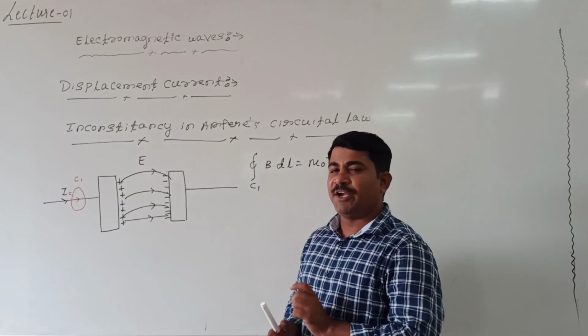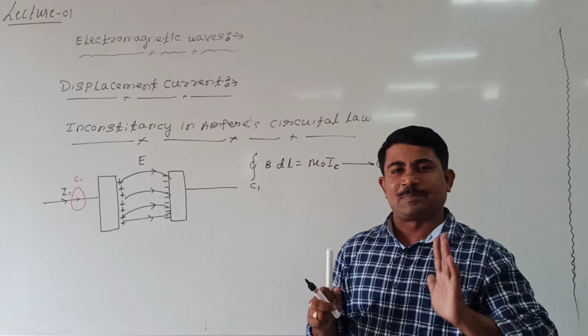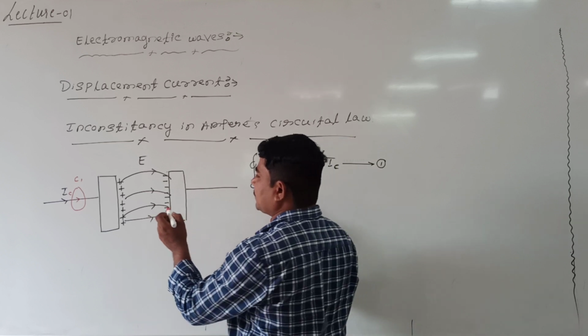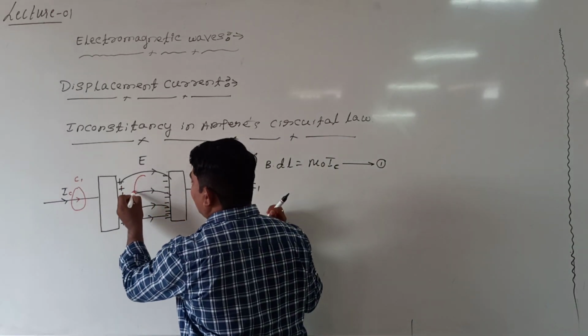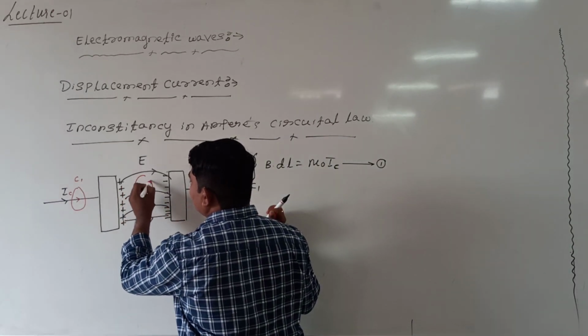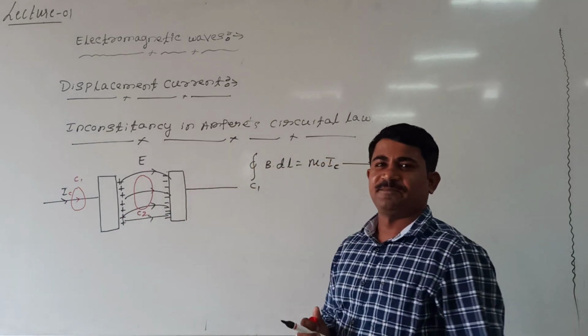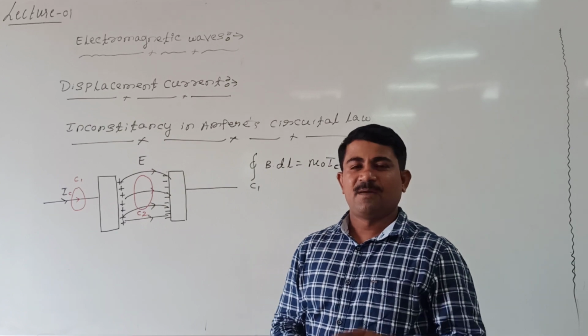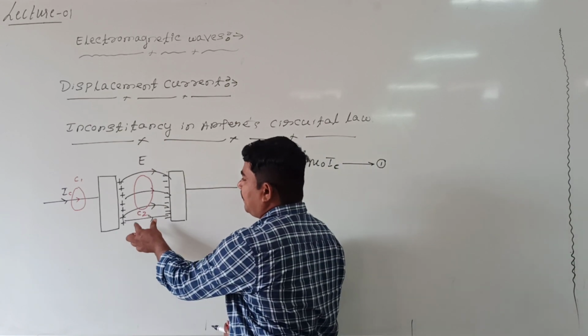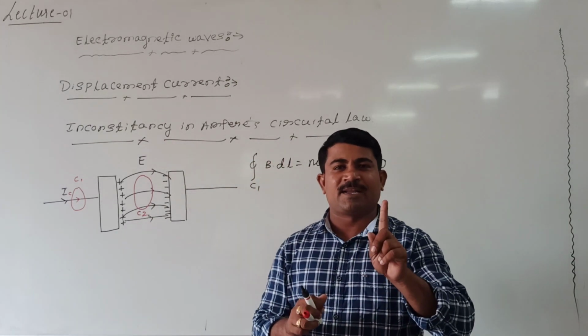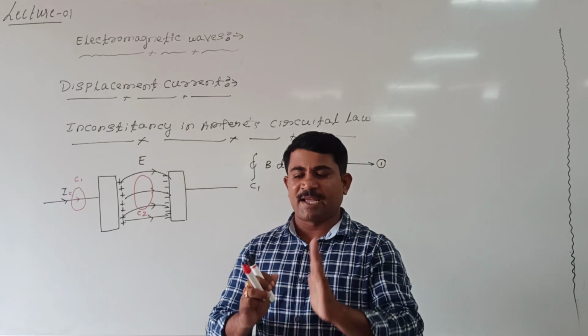Now come to the point in between the plates of the capacitor. Again I will take one more imaginary closed loop, say this imaginary closed loop is C2. Right or wrong? But remember, in between the plates of the capacitor, no current can exist.